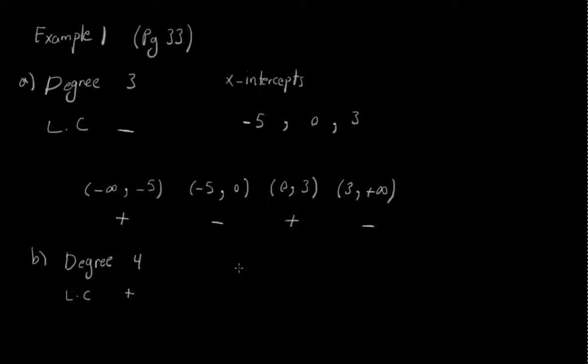The x-intercepts are at: the first one is at -2, the next one is at 1, and the last one is at 3.